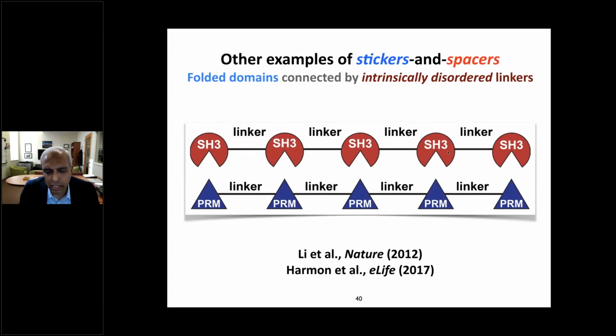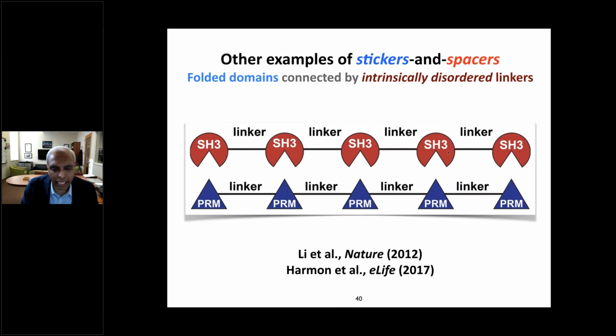So for intrinsically disordered regions, I think we have a pipeline to help identify stickers and spacers. There are going to be easier to understand examples of associative polymers that have folded domains connected by intrinsically disordered linkers.